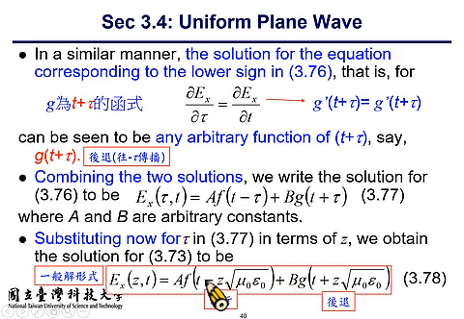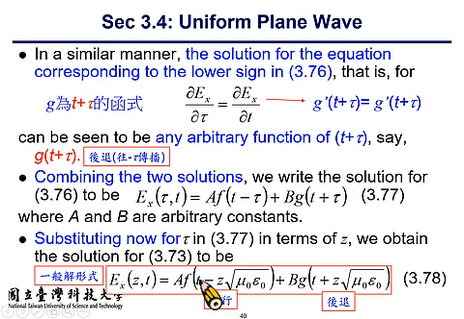The difference between function f and function g is that AF, function f, represents a component that is propagating toward the positive z direction, while function g stands for the solution for the components propagating toward the minus z direction. The difference can be seen from the composition of the function parameter.